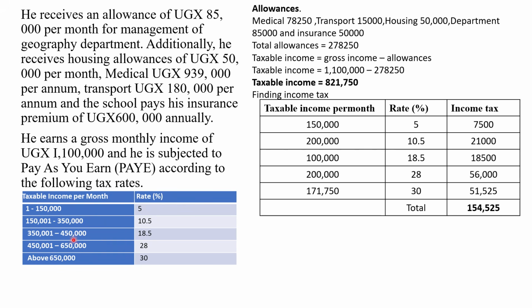Then even here, 450,000 minus 350,000, I get 100,000, and the rate is 18.5, giving me income tax as 18,500.